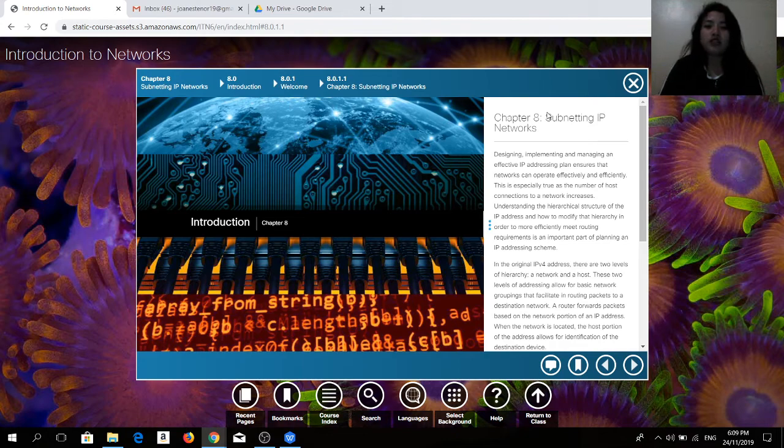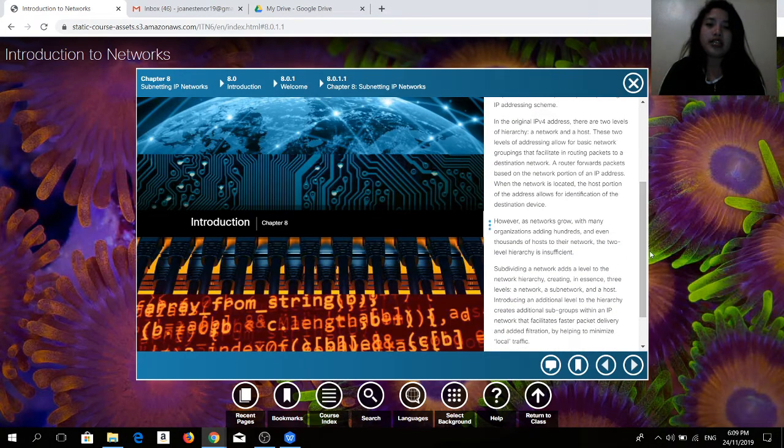This is especially true as the number of host connections to a network increases. Understanding the hierarchical structure of the IP address and how to modify that hierarchy in order to more efficiently meet routing requirements is an important part of planning an IP addressing scheme.